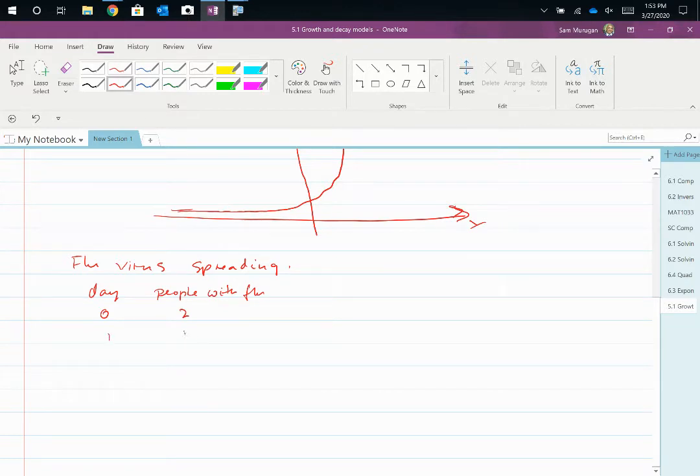At day 1, it's double that amount, 4 people have the flu. At day 2, 8 people have the flu. Day 3, 16 people have got the flu. Day 4, 32 people have the flu.